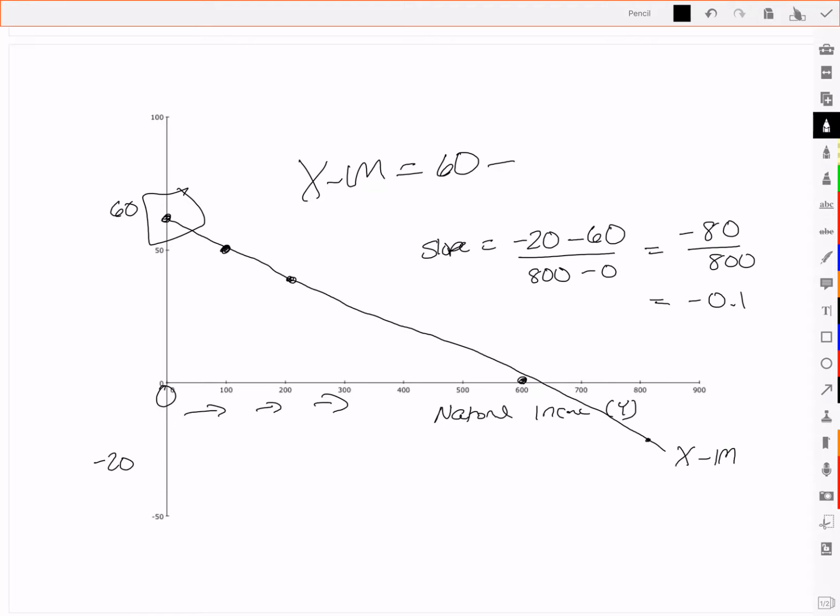So if we're looking at our net exports function, it's x minus im is equal to 60 minus 0.1 times y. And remember, this y is a placeholder, so we could actually find out what is the net exports when income is equal to 300. Okay, we would take 300 times 0.1.